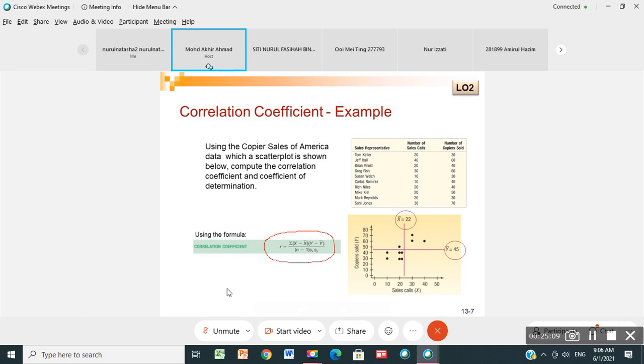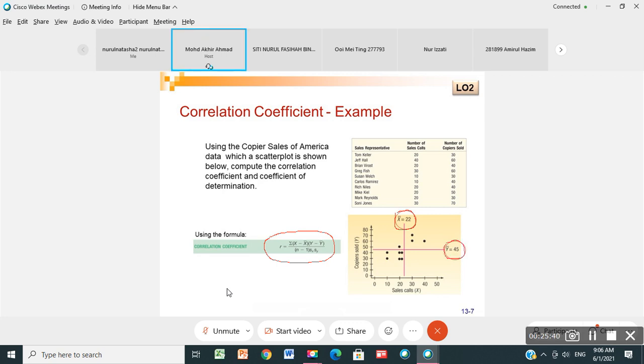Okay, so we need to find out the R value from this data. So we have 10 data, then we have data of number call and number of sold. And we develop the scatter diagram. From the scatter diagram, we develop X bar equal to 22 and Y bar equal to 45.